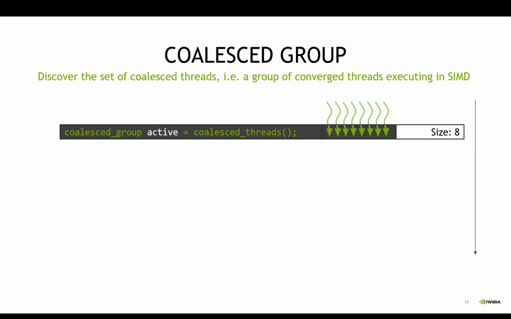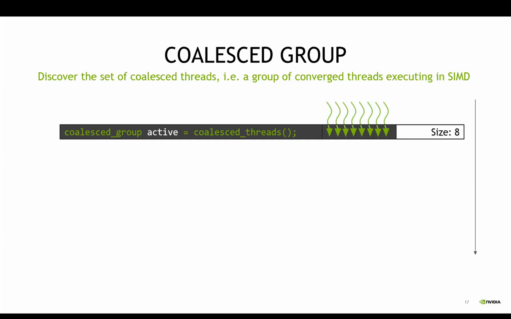I might want to be able to effectively say, for whichever threads happen to be executing with me right now, let's do this. That's the idea behind coalesced groups: tell me which threads are currently available to me, currently in my converged group, currently executing in lockstep with me, and let's get all of us together to do some work collectively, cooperatively. That's the idea behind a coalesced group.